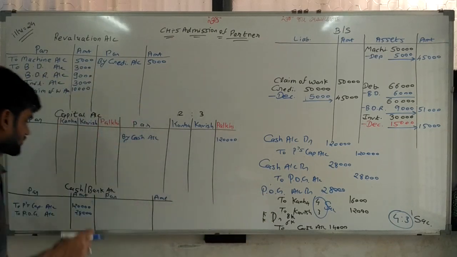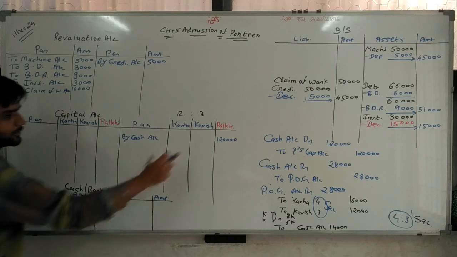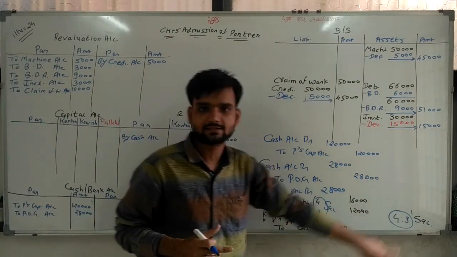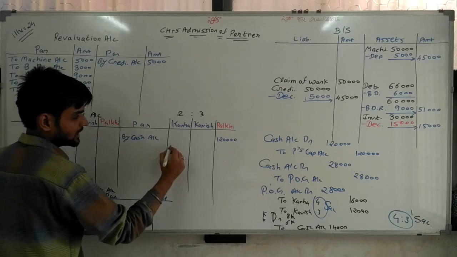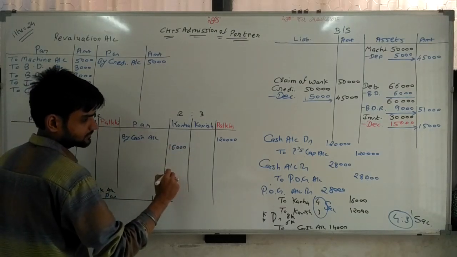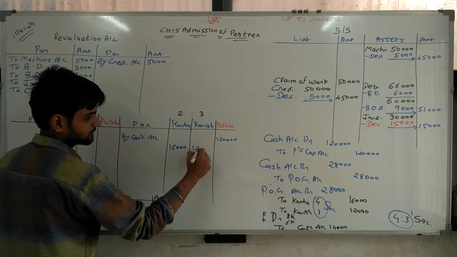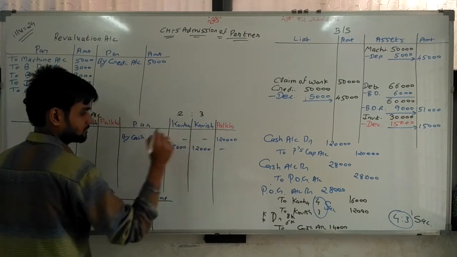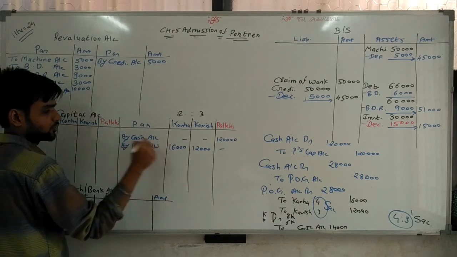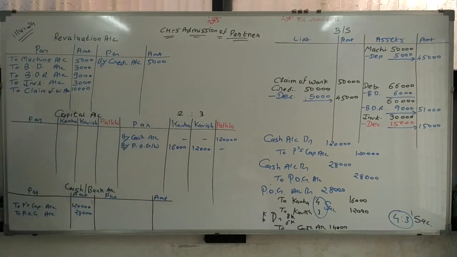Kahana and Kavisha are credited. So this 28,000 is distributed among Kahana and Kavisha in the ratio of sacrifice, and those amounts are 16,000 and 12,000, writing the name 'by premium of goodwill account'.